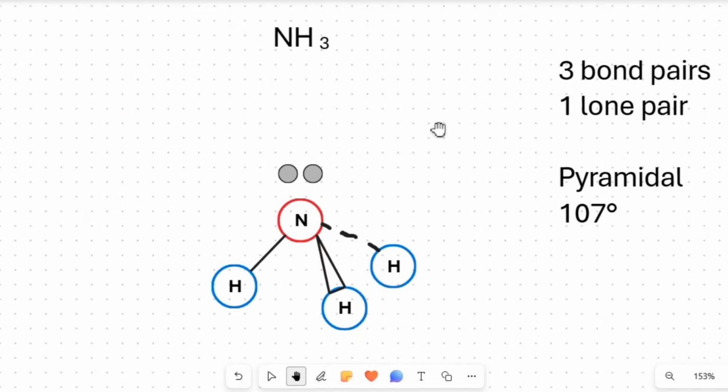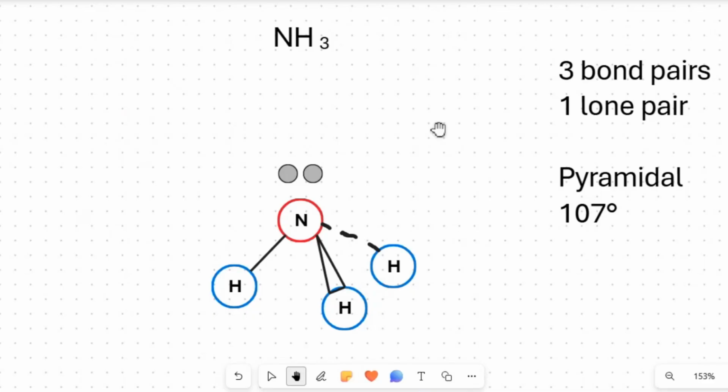There are 3 bond pairs in ammonia and 1 lone pair. So the electron geometry would be guided by how many electron dense regions are around the central atom nitrogen. We have four electron dense regions, and so we'd have the same electron geometry as methane, which is a 109.5 bond angle and a tetrahedral shape.